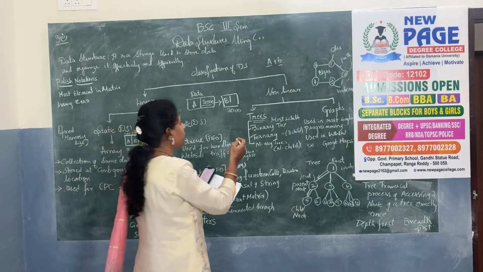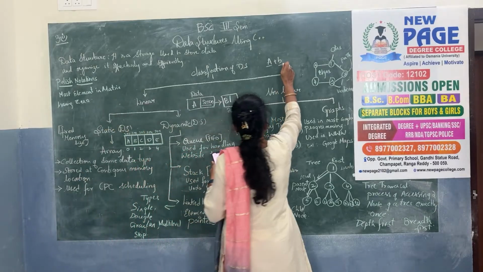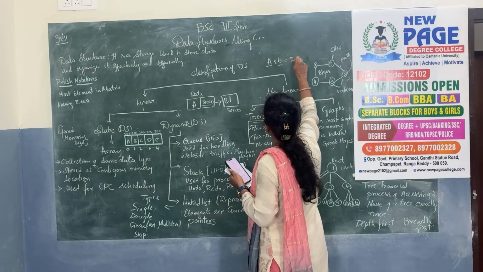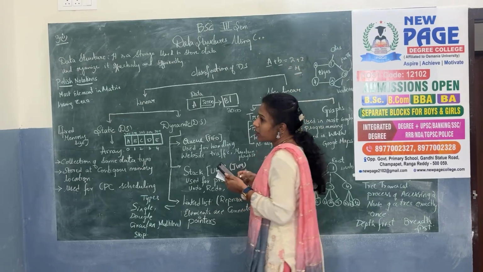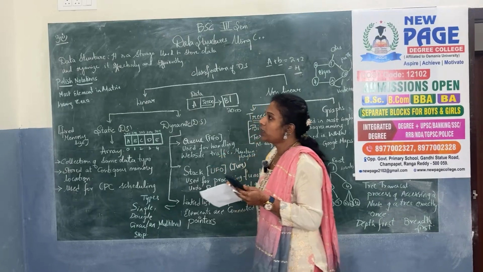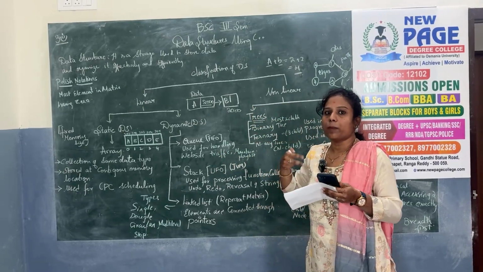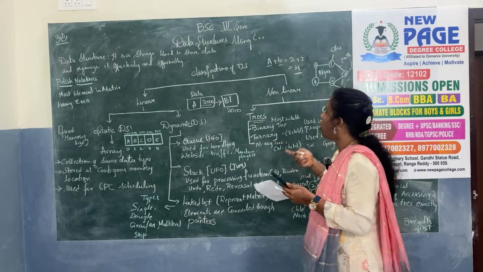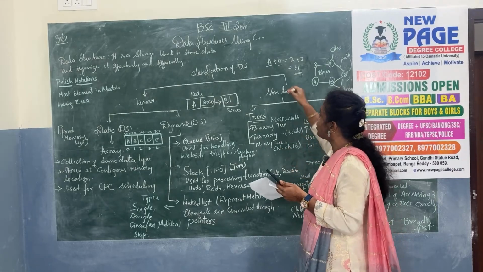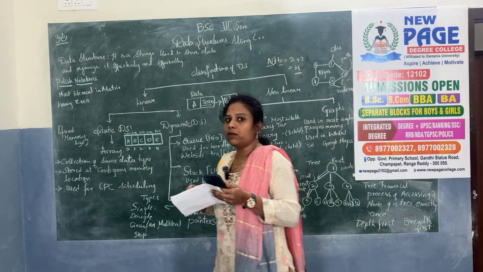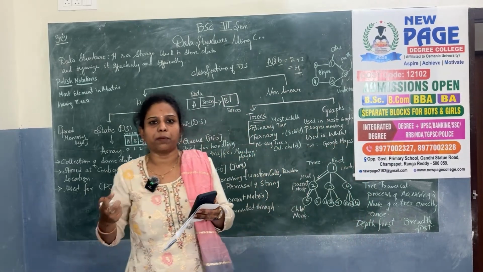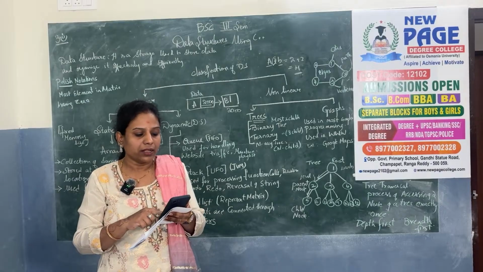You are doing an operation, consider 2 plus 2. You are evaluating and getting a particular value. So it is a combination of operators and operands. Here, in A plus B, whatever addition, subtraction, or calculation you are doing is the operation, and A and B are the operands.